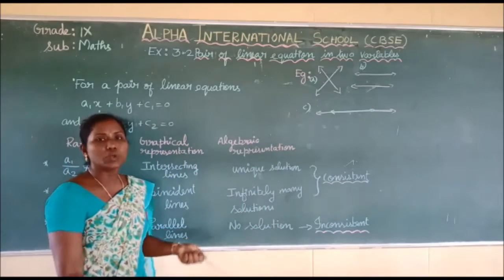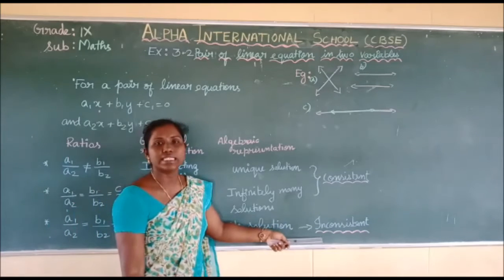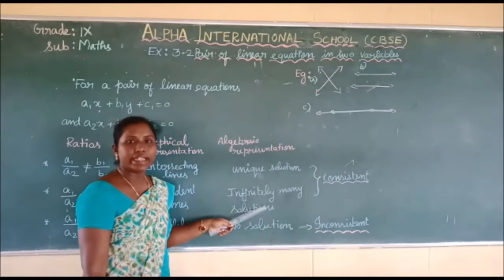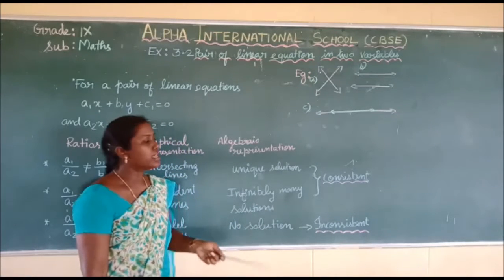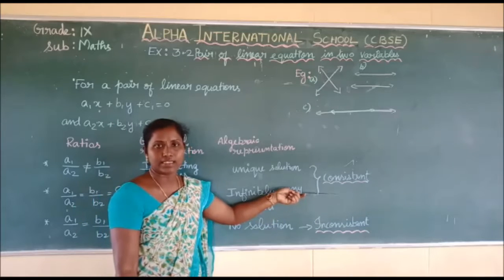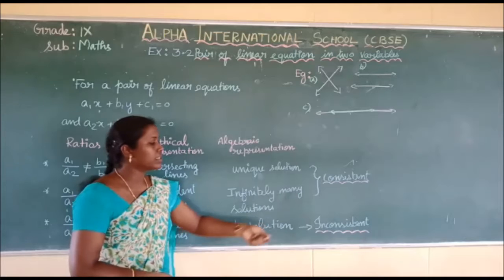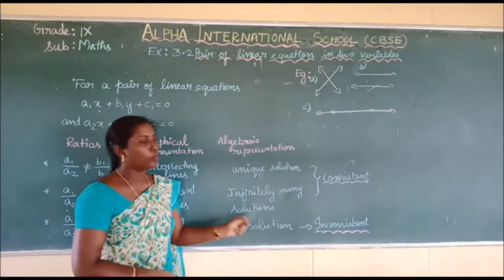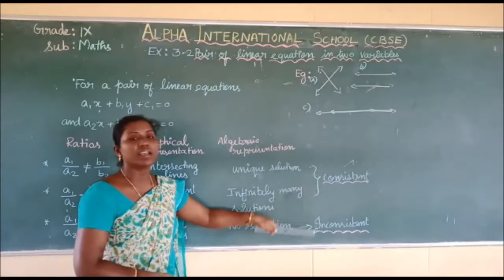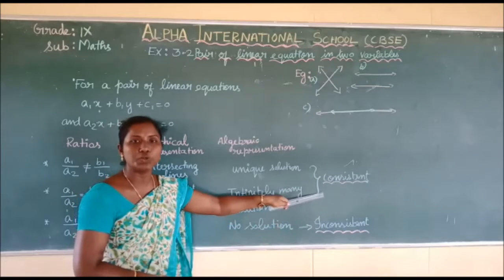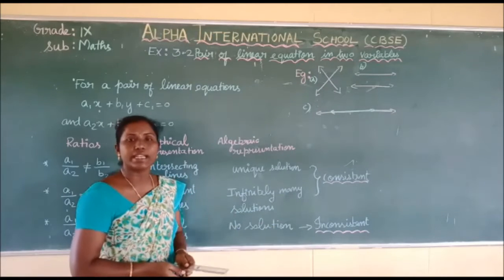If I have no solution for the equations, then it is said to be inconsistent. So based on the solution, it is divided into two categories: one is consistent, the other is inconsistent. If we have a solution, that is consistent. If we have no solution, it is called inconsistent.